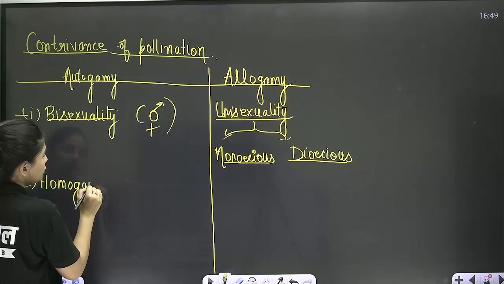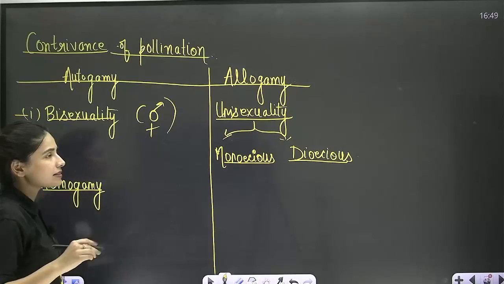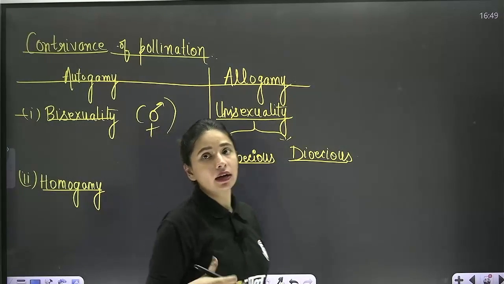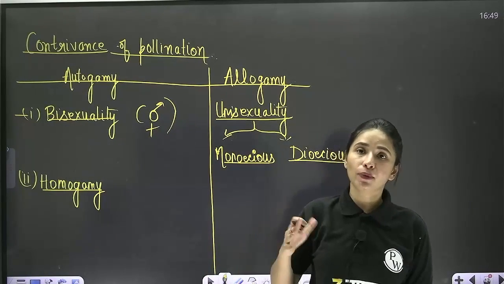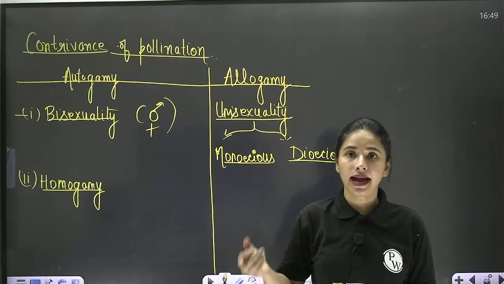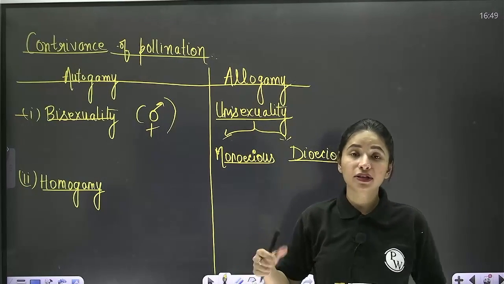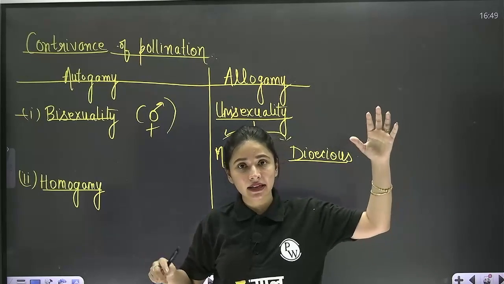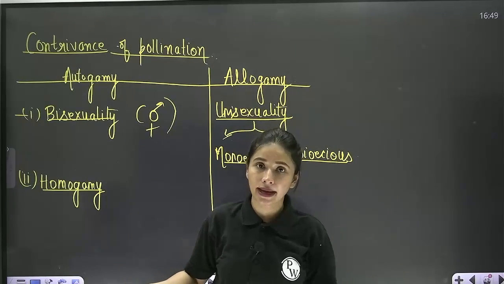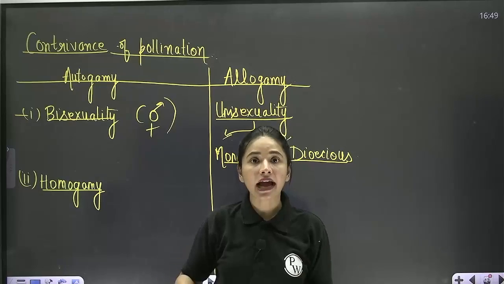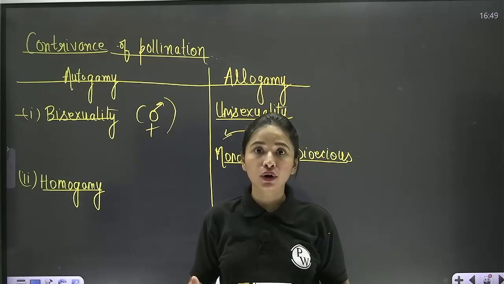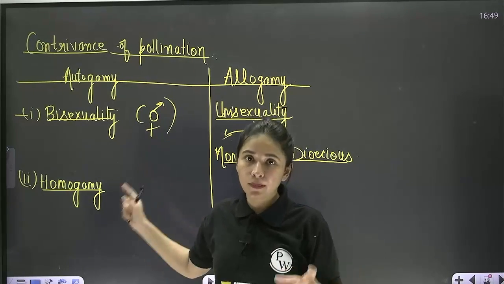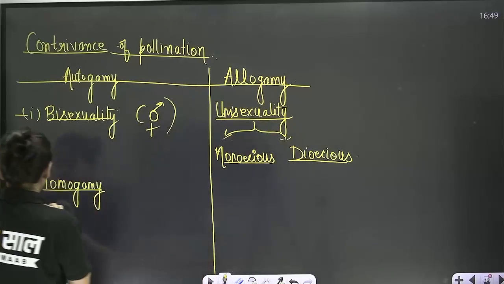Homogamy means maturation of the sex organs at the same time. So imagine if your flower is bisexual, it is having both the male sex organ and female sex organ, but they are maturing at different times. Male matures first, male gamete is released and your female gamete is still not ready. So even after having bisexuality, will your flower show autogamy? No. So this homogamy is very, very important.